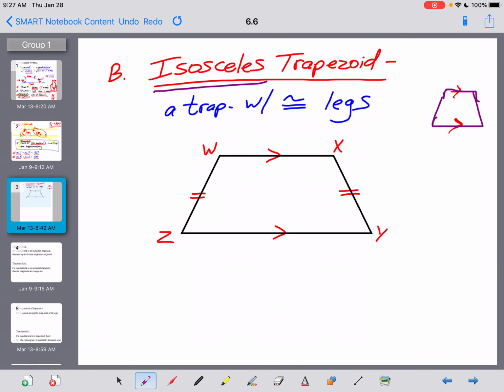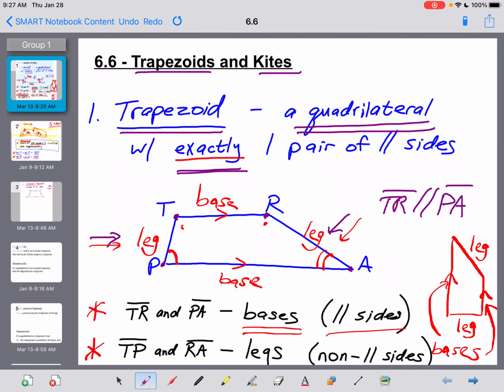Now, I do need to point something out. When we were all the way back on the first slide right here, and you guys for the first time saw the word trapezoid, you may very well have had an image in your head already of what a trapezoid looks like. And most people, if they know it, when they think of a trapezoid, they think of one that looks like this, that is symmetric on the left and the right-hand side. You could kind of fold this thing right down the middle.